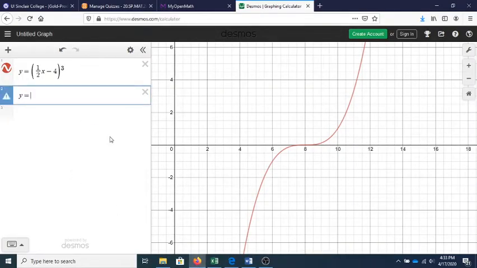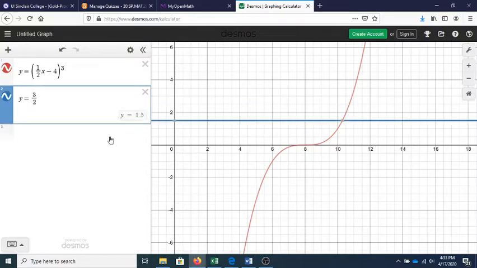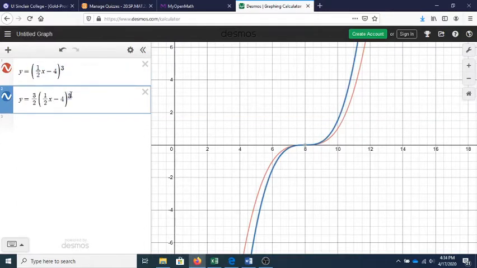Alright, so this is going to be our derivative, y equals 3 halves, and then the rest of it is almost the same. So maybe I'll just cut and paste and change that 3 into a 2. Alright, so my derivative is this blue function.